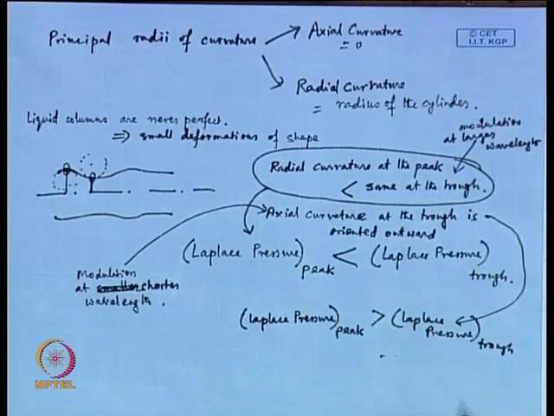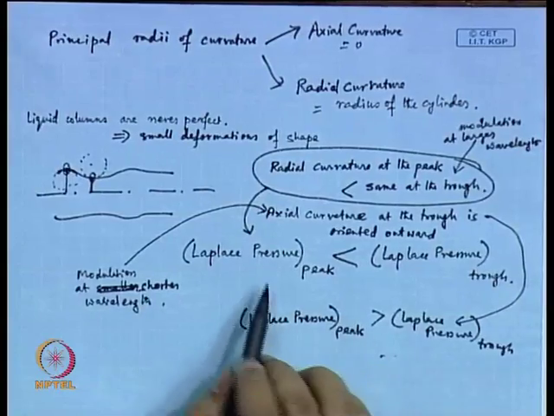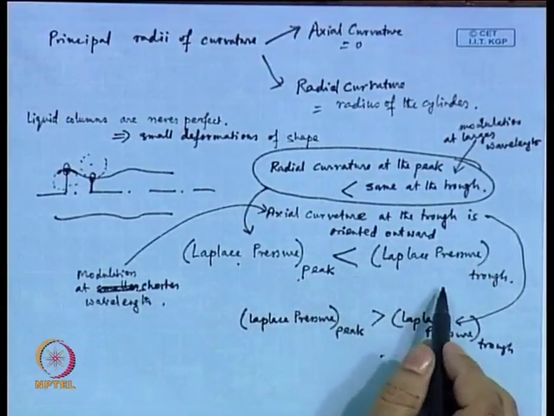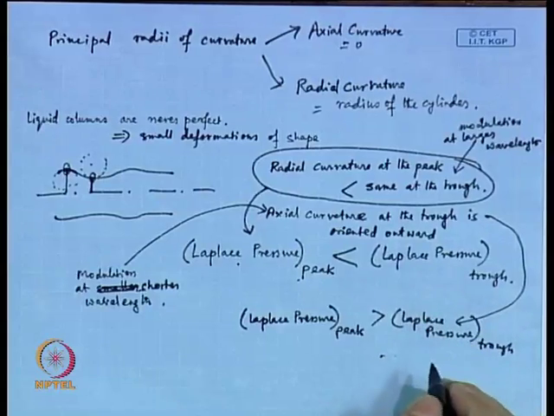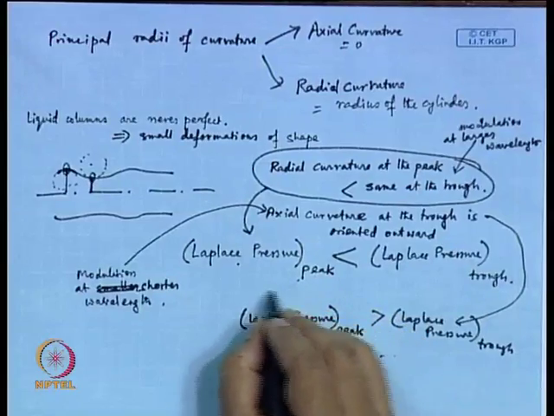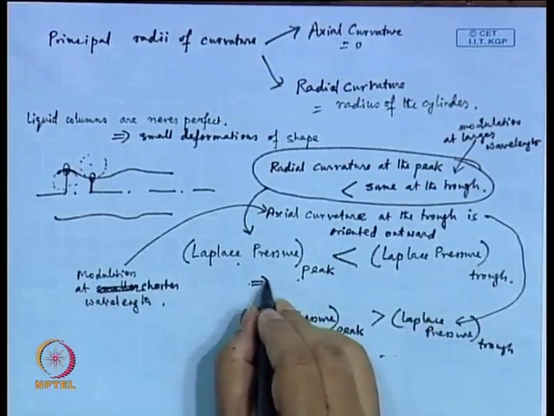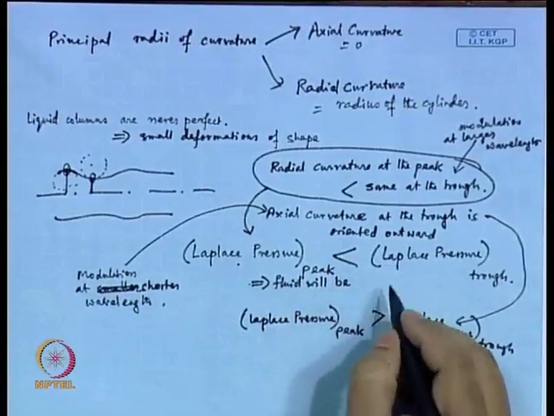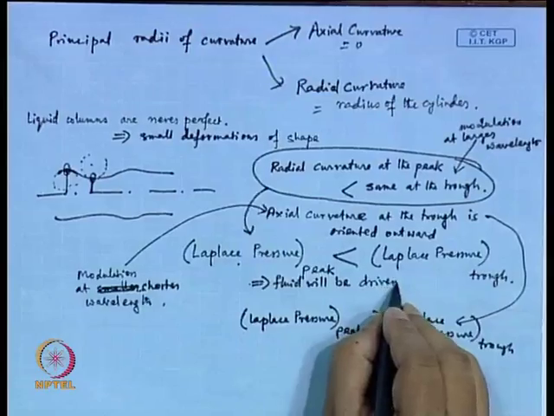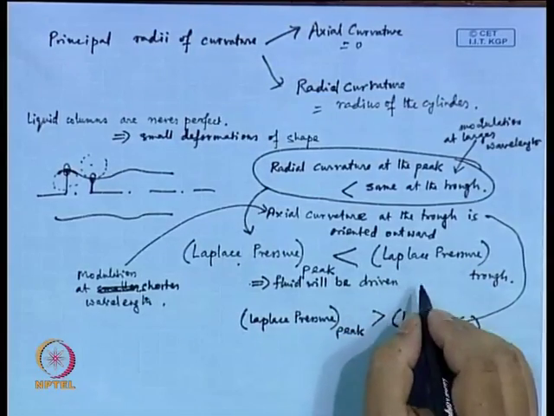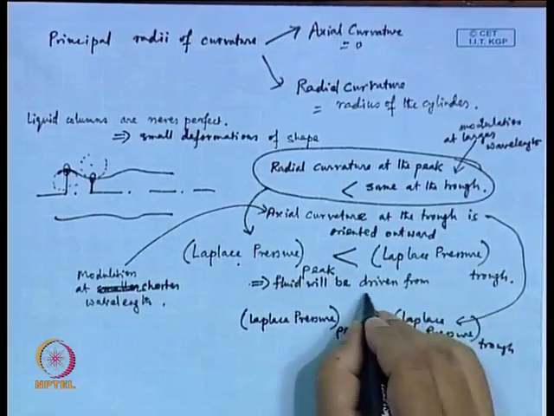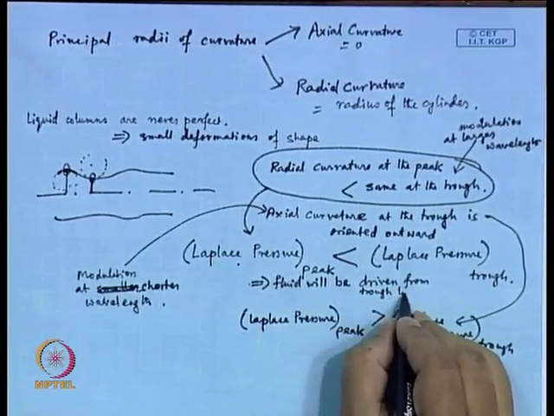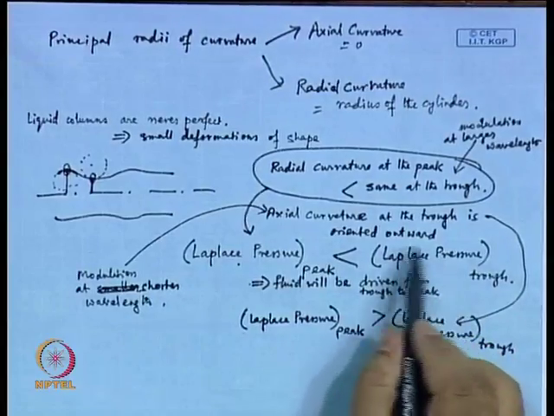Now the fact here is that when this happens, Laplace pressure of peak is less than Laplace pressure of trough. What that means is, this condition implies fluid will be driven from trough to peak, because trough is at a higher pressure.